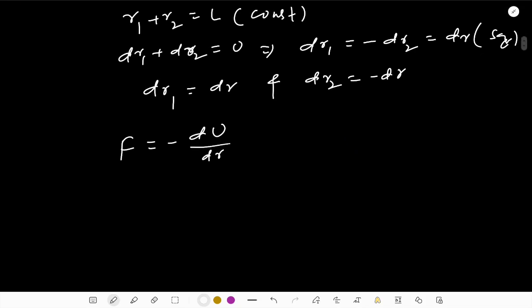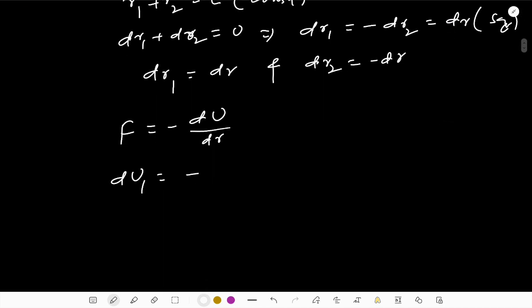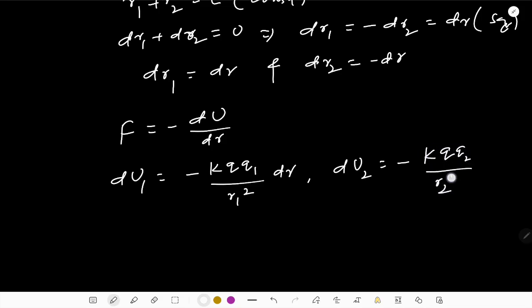So I can write dU1 equals the force F1, the force by Q1 on the ring, which is minus kQ1 divided by r1 square, multiplied by dr. This can be written as the small change in potential energy of the pair of charges Q and Q1, and in a similar manner the potential energy change for the pair with Q2 can be written as minus kQ2 divided by r2 square dr.